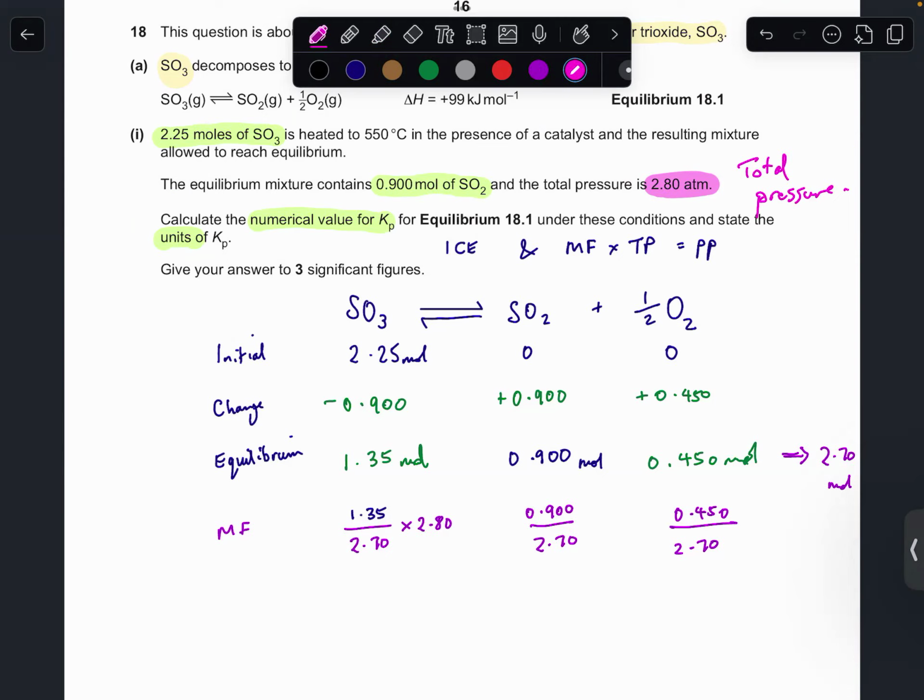And this in turn will give you the partial pressures.